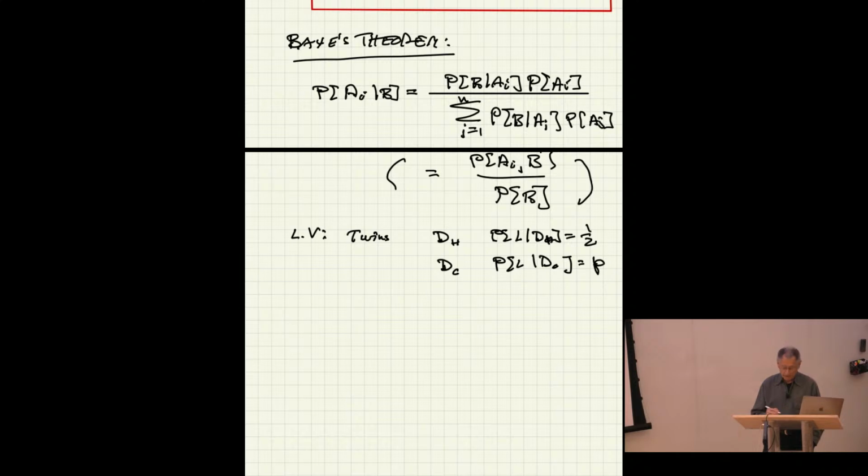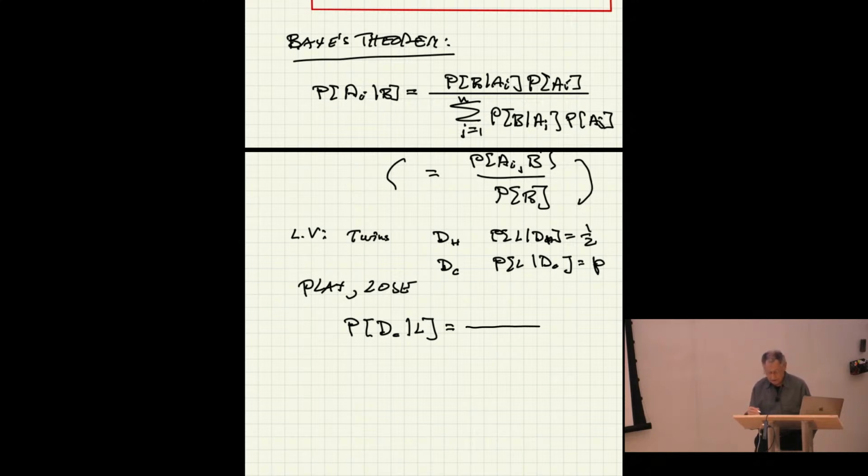So you play, you lose, and you want to calculate the probability that the dealer was a cheat given that you lost. And if that's high enough, you go to the lawyer and try to get your money back. So let's calculate this.